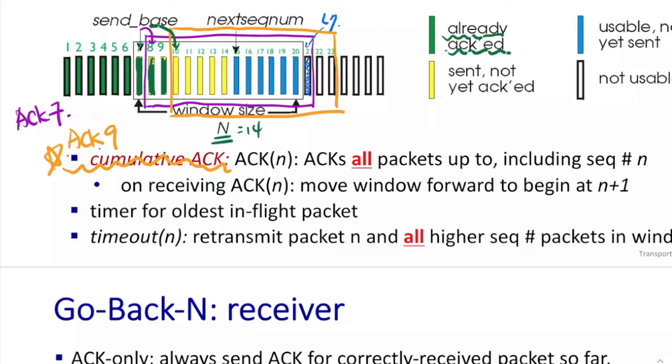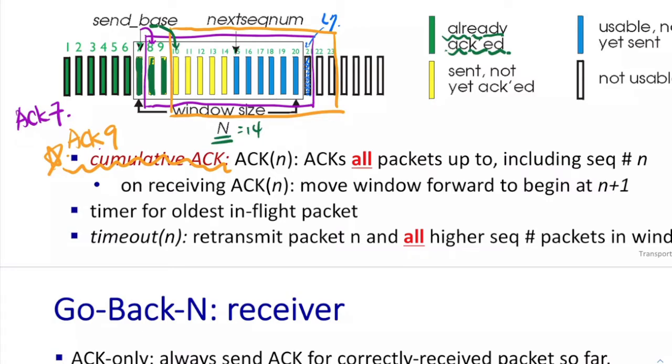That indicates packets number 10, 11, 12, and 13 have been received by the receiver, but I only need to use one single cumulative ACK number 13 to indicate that. That is more convenient, doing such acknowledgement using fewer acknowledgement packets.